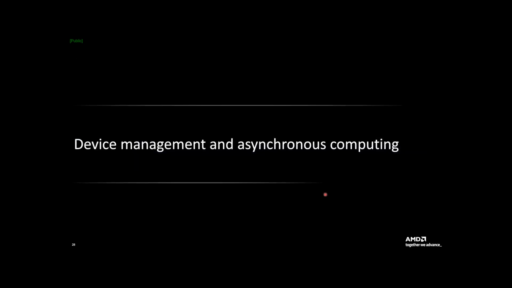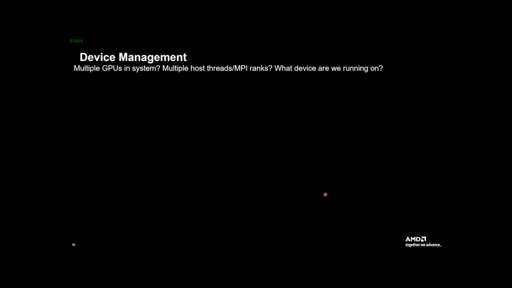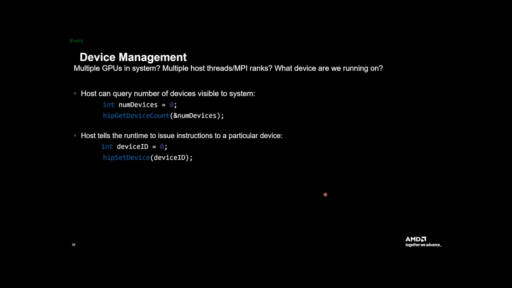Device management and asynchronous computing. What if you have multiple GPUs in the system, right? This is the real case for Dardel, LUMI, for everything. So if you know CUDA, you know this stuff, or even HIP. How can you query the number of devices? Let's say number of devices 0. hipGetDeviceCount tells us how many devices we have.